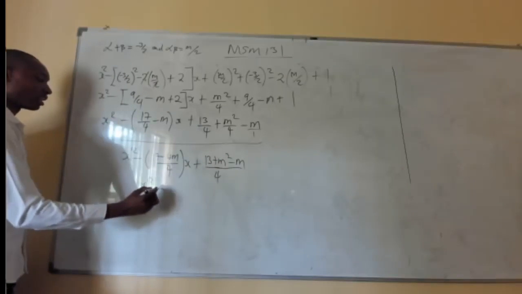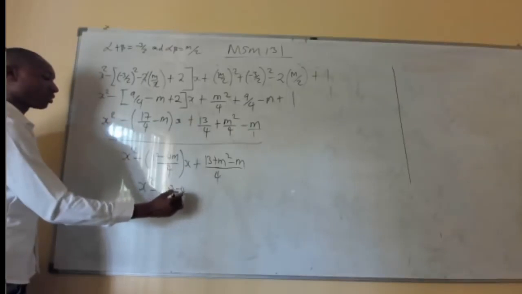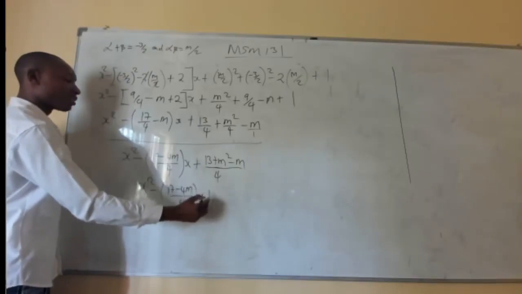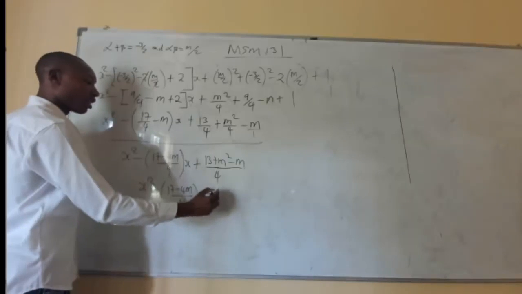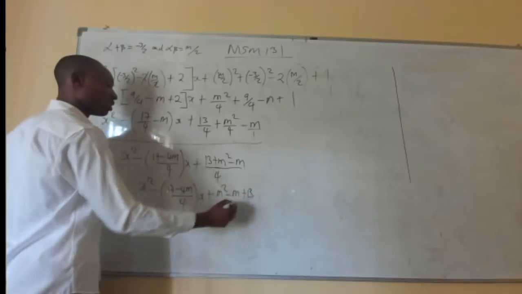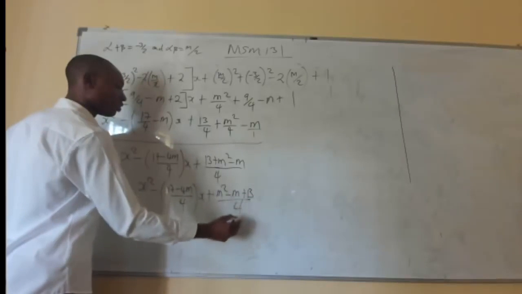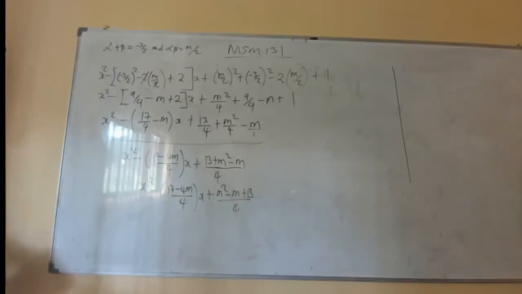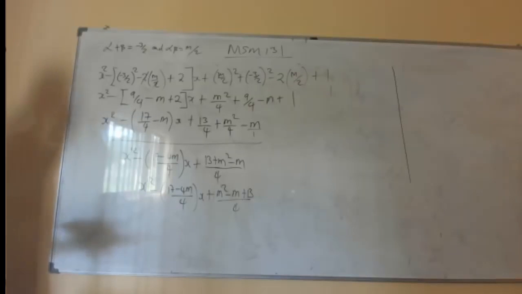Finally, the answer ends up being 17 over 4x plus m squared minus m plus 13 over 4 as our final answer. So that's the equation that we have been asked for. Note, I've just rearranged.